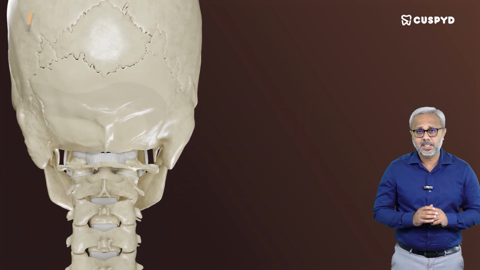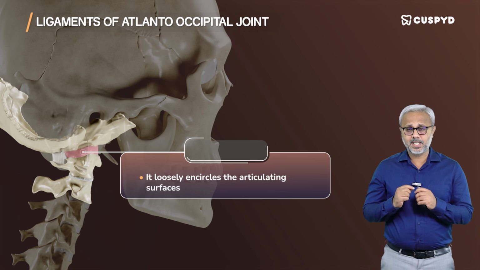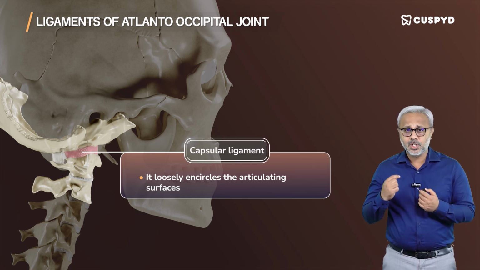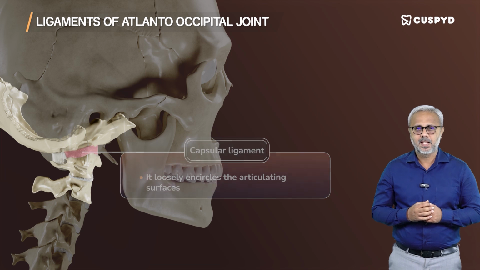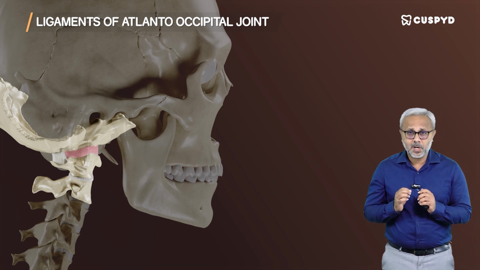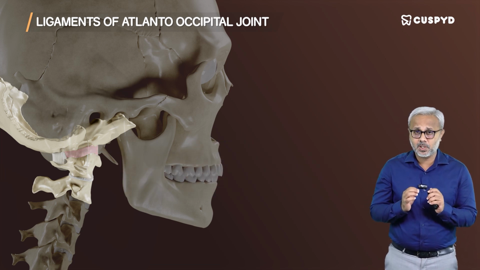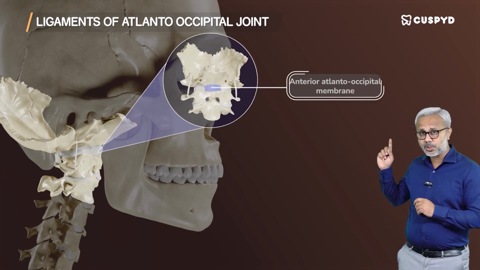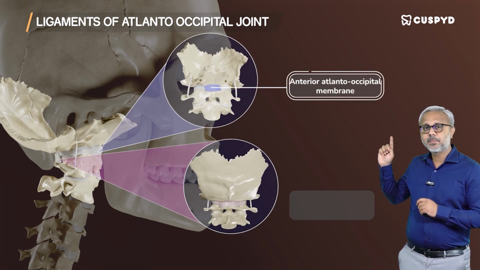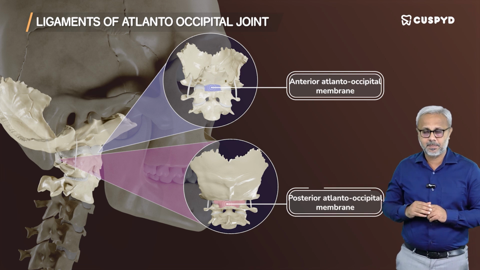When we talk about the ligaments, the first ligament is the capsular ligament, which loosely encircles the articular surfaces. Apart from this, two important ligaments for the Atlanto-Occipital joint are the anterior Atlanto-Occipital membrane and the posterior Atlanto-Occipital membrane.